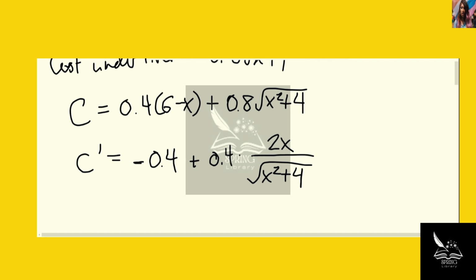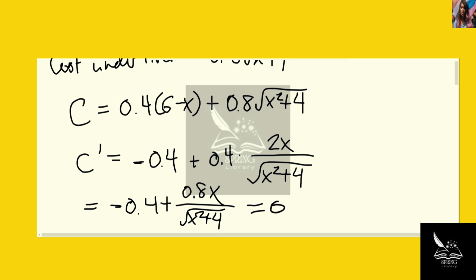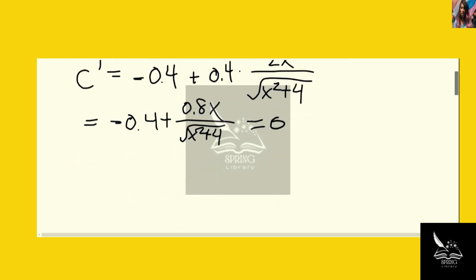Which is the same as negative 0.4 plus 0.8x over the square root of x squared plus 4. Now to find the critical points, we set this equal to 0. Solving for x, 0.8x over the square root of x squared plus 4 is equal to 0.4.